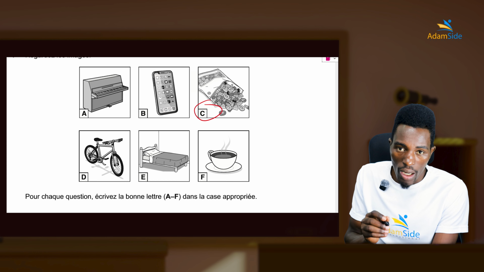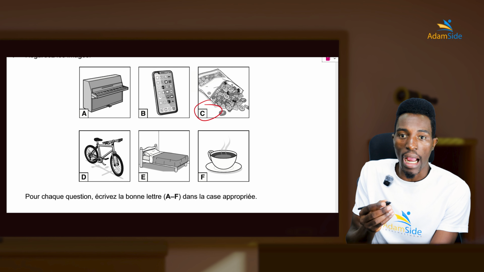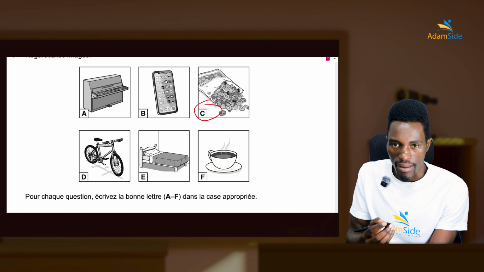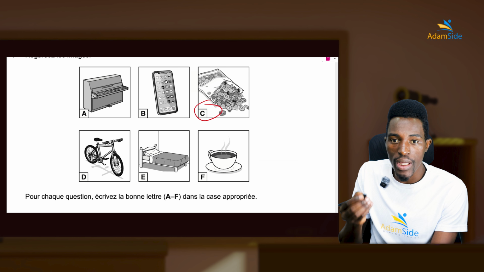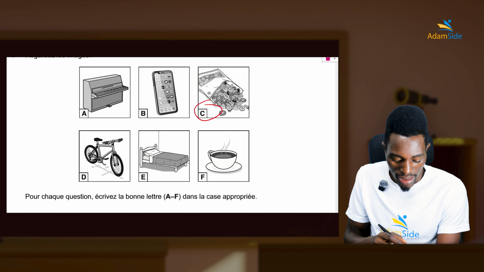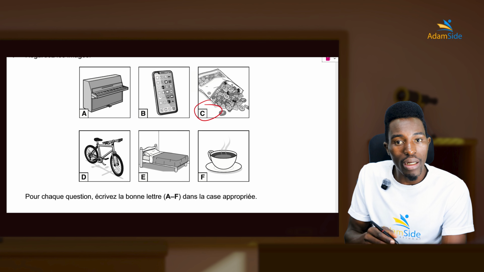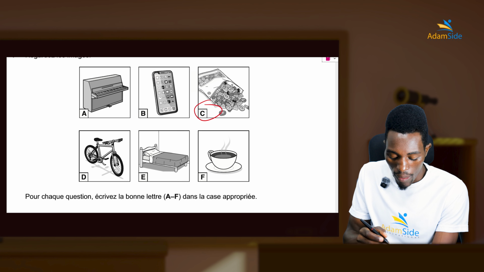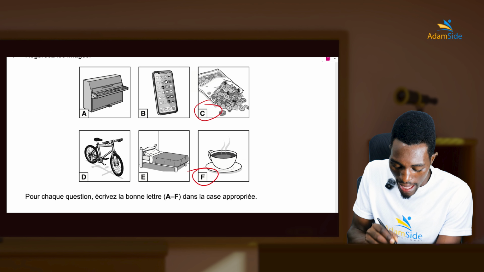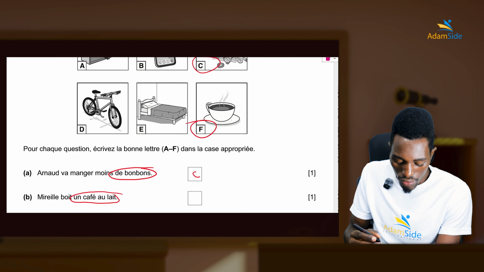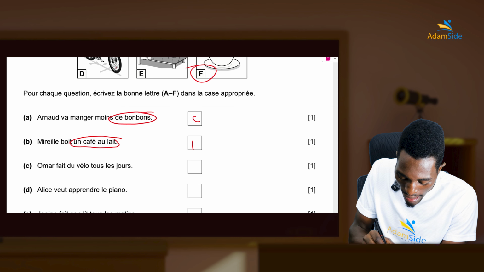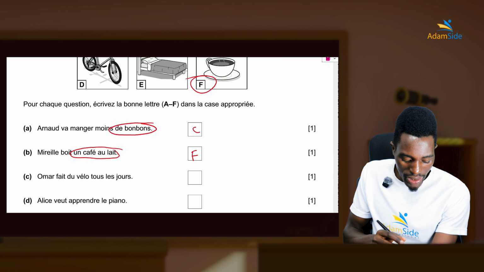Un café au lait means a coffee with milk. So we have to see which picture stands for a coffee with milk. In our pictures, we have picture F. So we go to the space and write F. Then we go to question C.